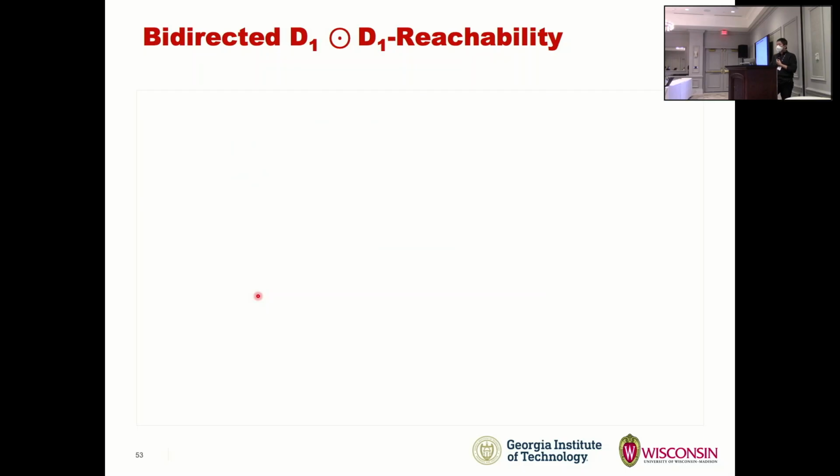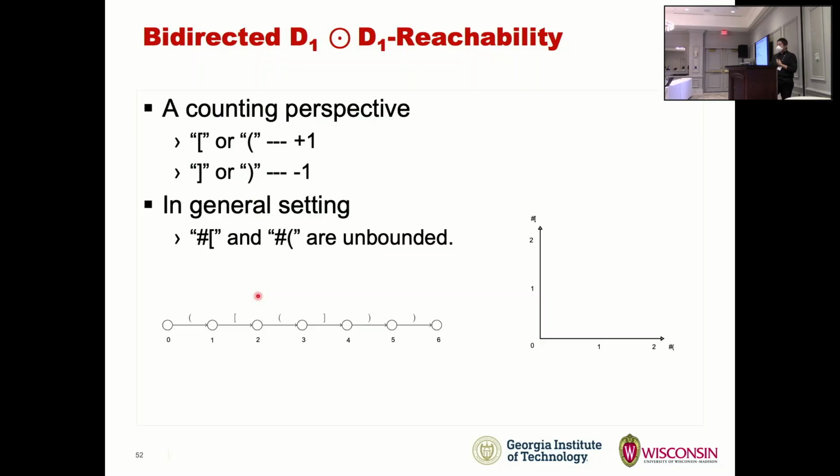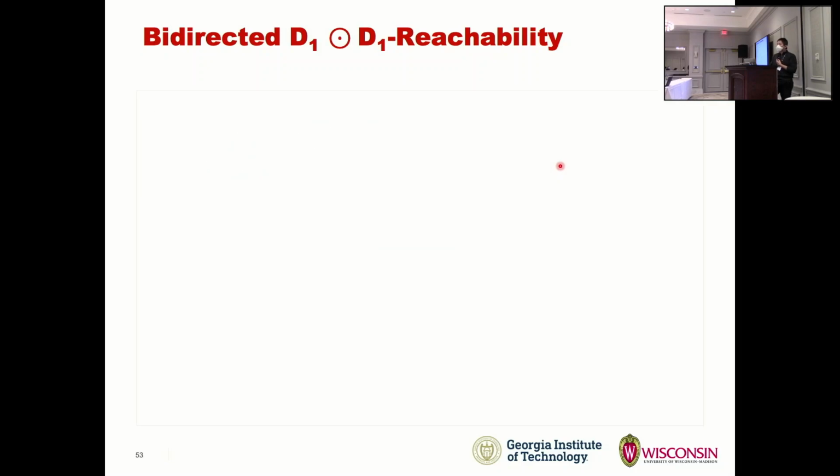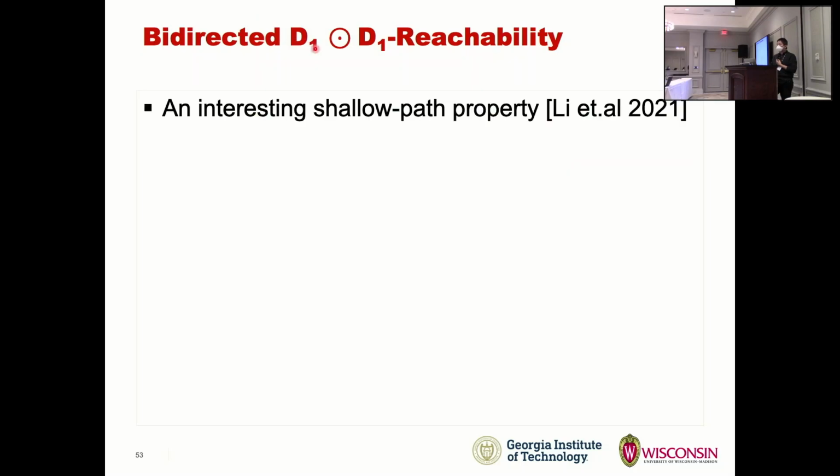But as I mentioned, if your graph contains cycles, it will make the maximum value of these counters arbitrarily large, which is problematic. So the main insight behind this bidirected D1 is that with the bidirected setting, we have a very interesting shallow path property.